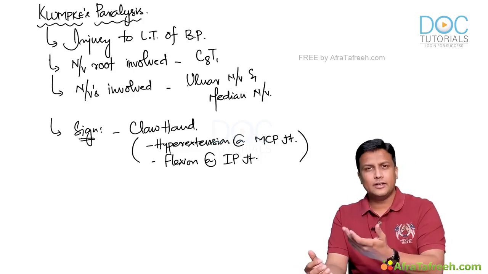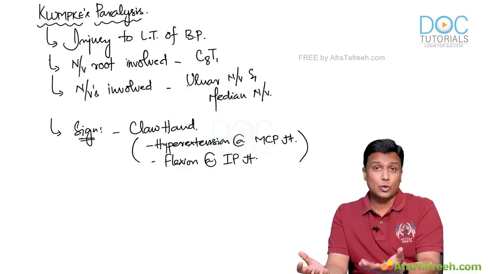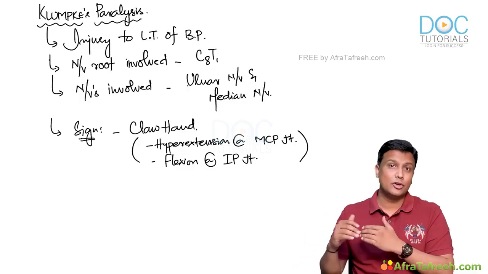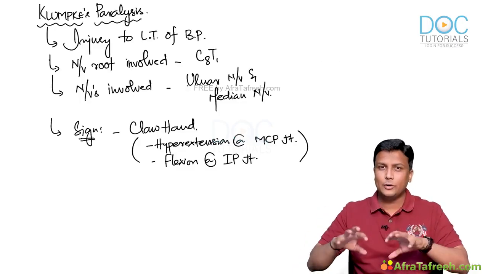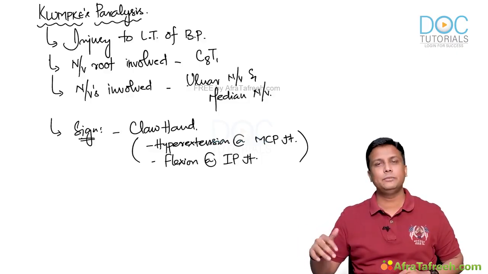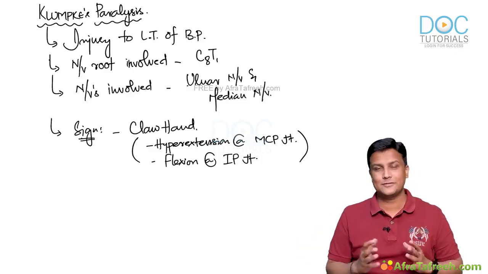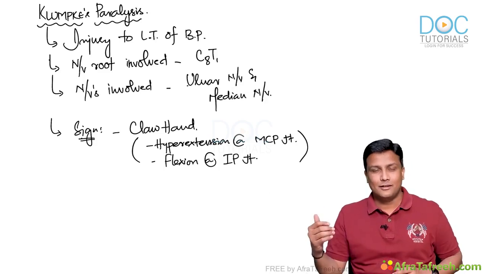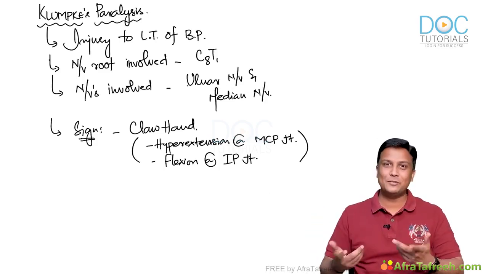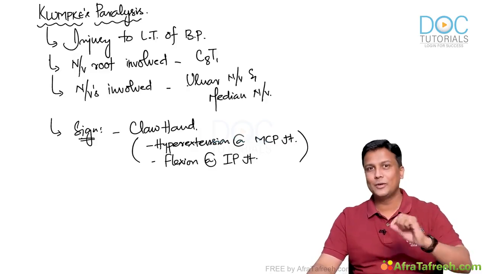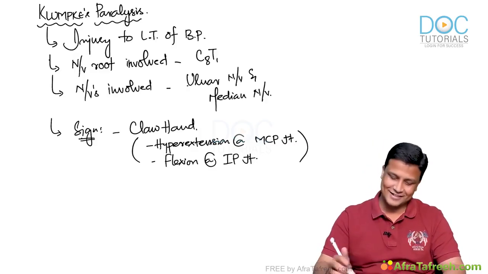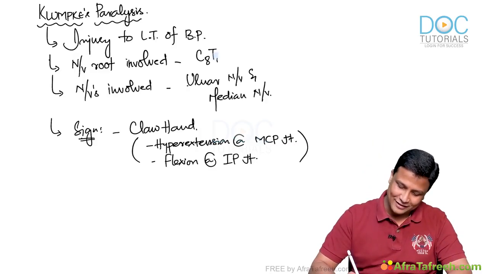In a clinical condition, the patient can come with only an ulnar nerve and median nerve injury. Then how will you differentiate that from Klumpke's paralysis, guys? Because even in Klumpke's paralysis the ulnar nerve and median nerve are involved. Then how will you differentiate? Try to concentrate on this one here, guys. That is T1.